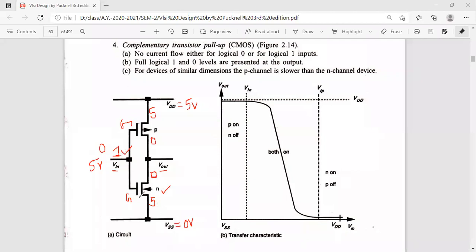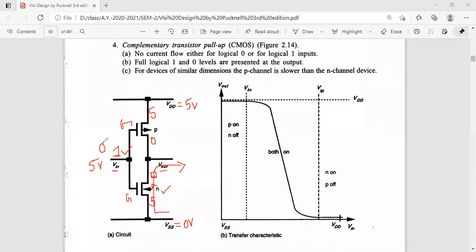So this transistor is on, and the value present here, that is VSS equal to 0 volts, will come at the output. At the same time, when the input is 1, that means 5 volts, this PMOS transistor is in the off condition.